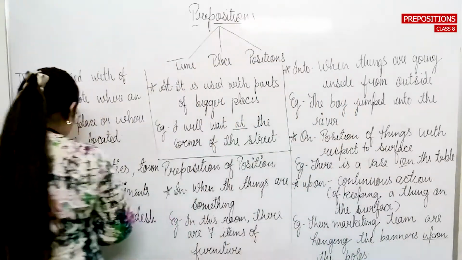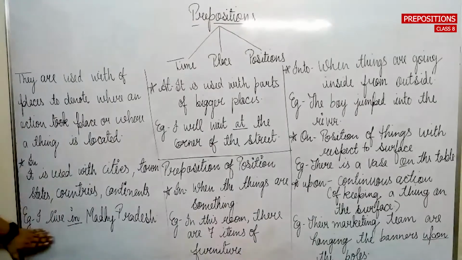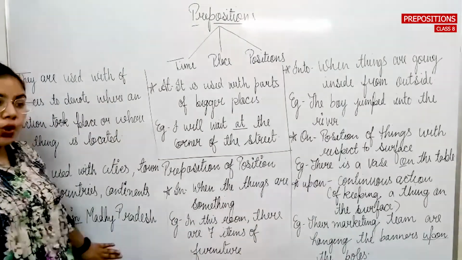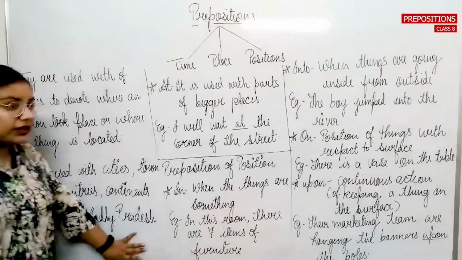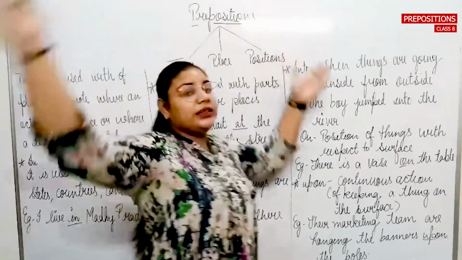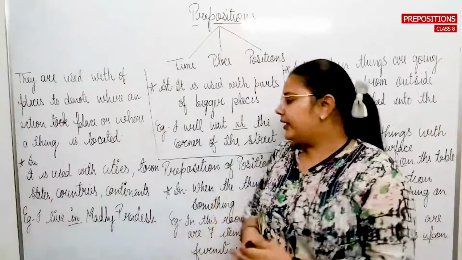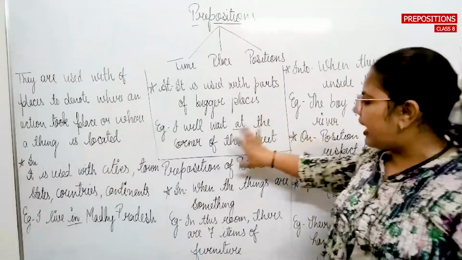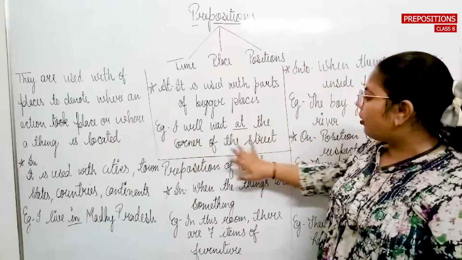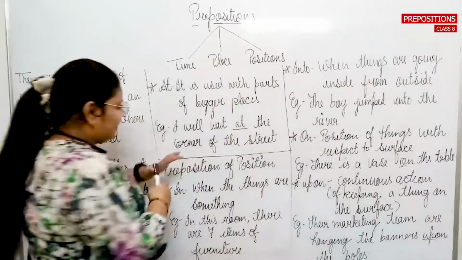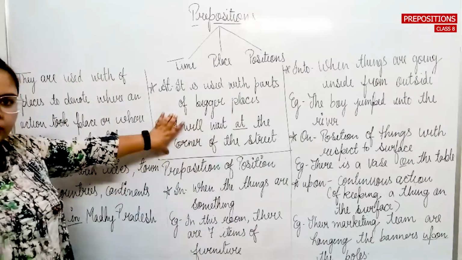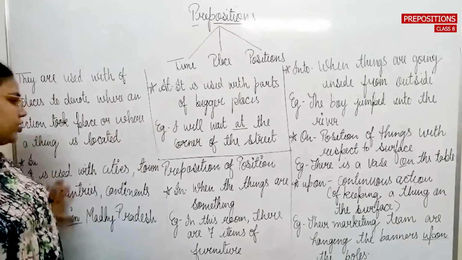Here I have written examples for you. I live in Madhya Pradesh. Here I am talking about the whole of Madhya Pradesh. For at, the example is: I will wait at the corner of the street. Let us connect this with the sentence for in.